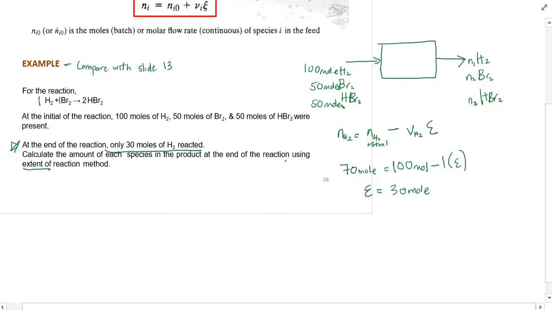As I mentioned previously, the concept of extent of reaction is almost the same as fractional conversion, except that the unit is moles.